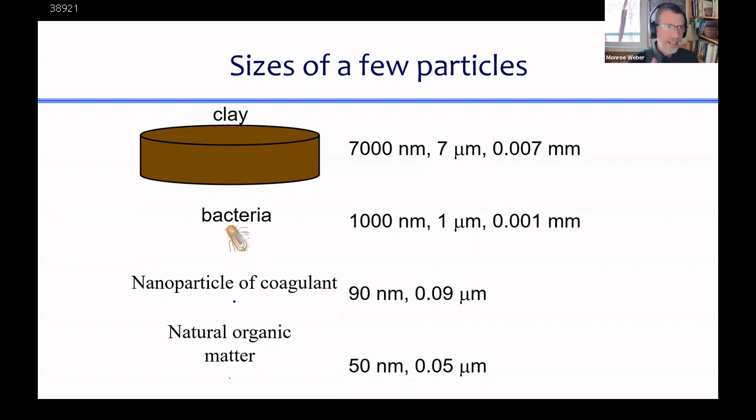And that line is kind of arbitrary and capricious. They all have some particle-like behaviors, even natural organic matter, which can act like it's completely dissolved. It also has some particle-like behaviors when it has a chance of attaching to a coagulant nanoparticle.